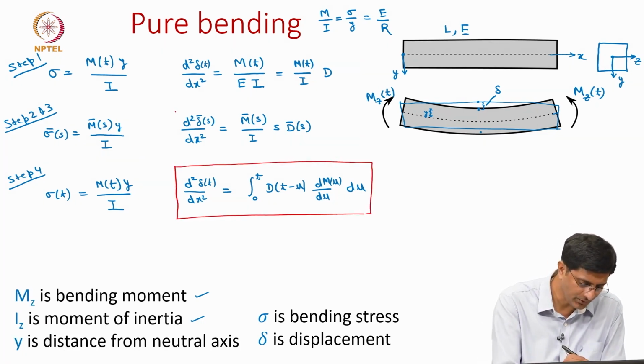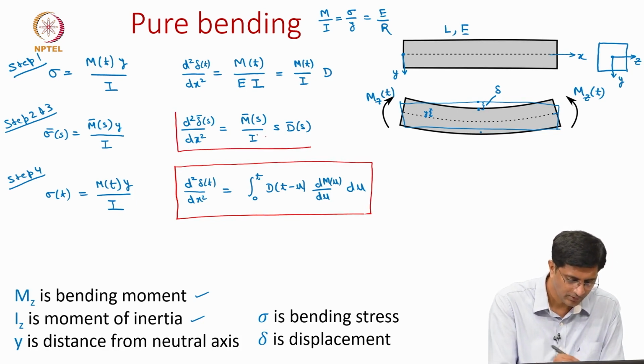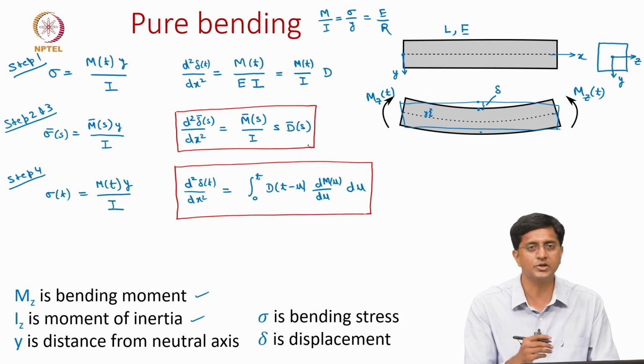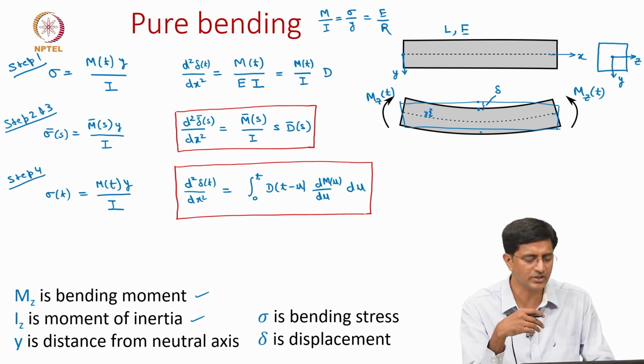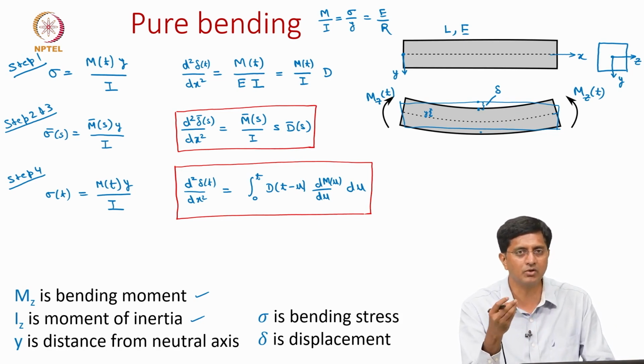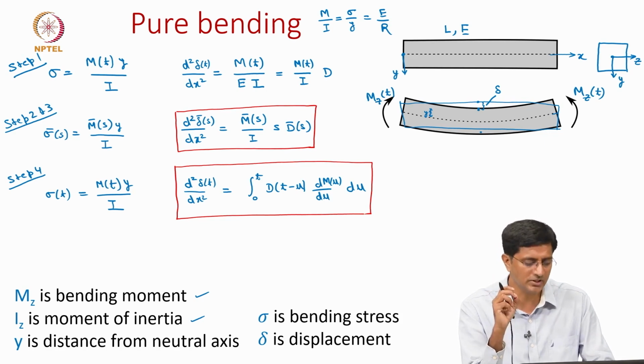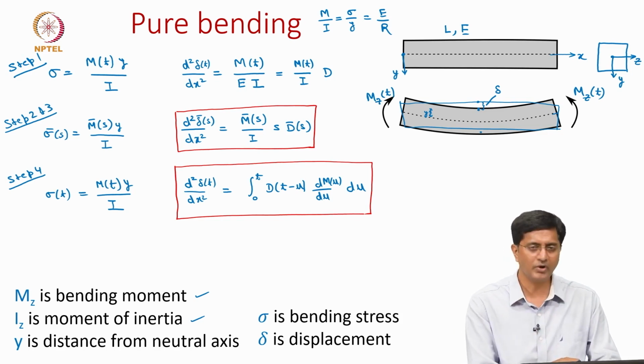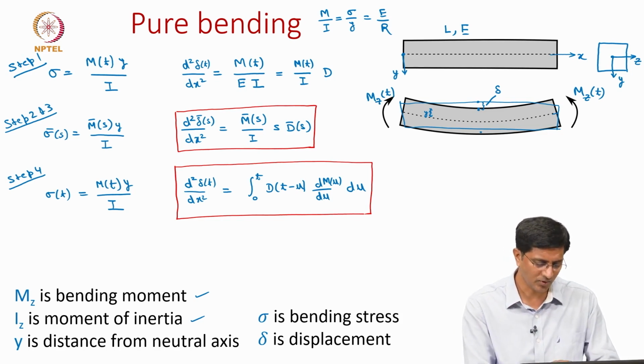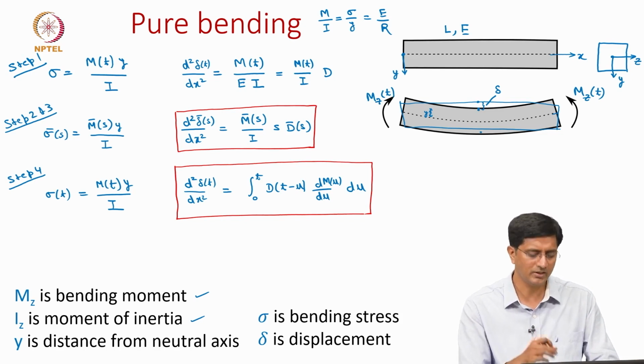But one can also use this formula to find the deflection in the Laplace domain, because depending on the problem we are solving, sometimes it is easier to solve in the Laplace, which means substitute the compliance D and the load moment M in the Laplace domain and solve it, or one can directly use the last formula, which is the time domain formula, and directly substitute into the integral.